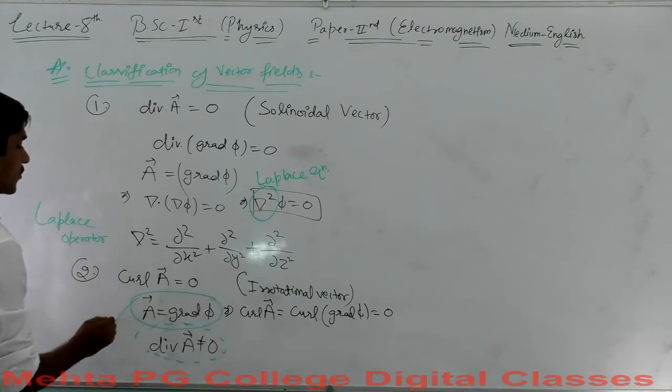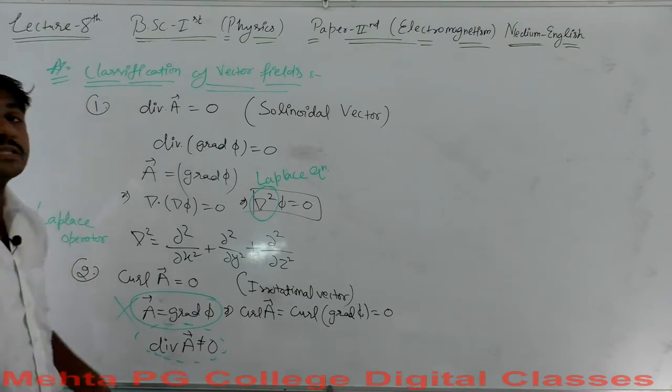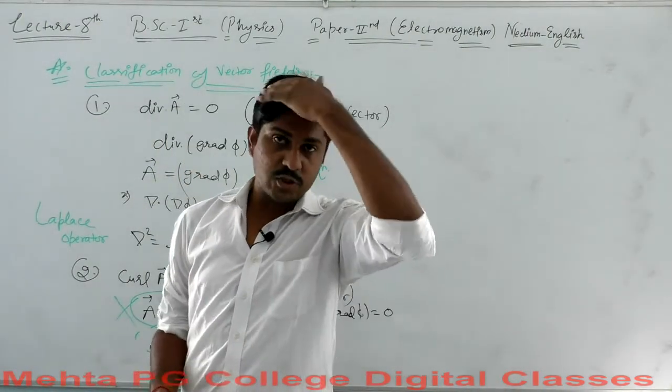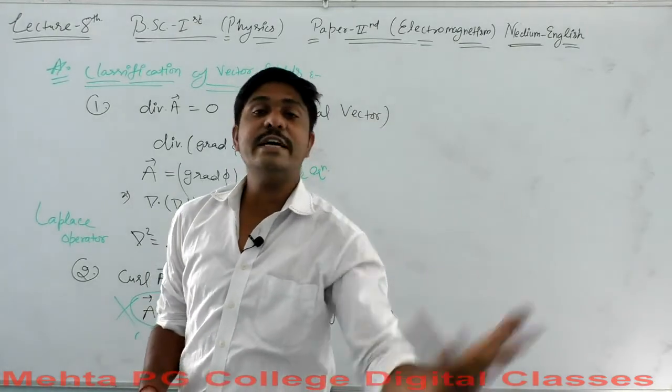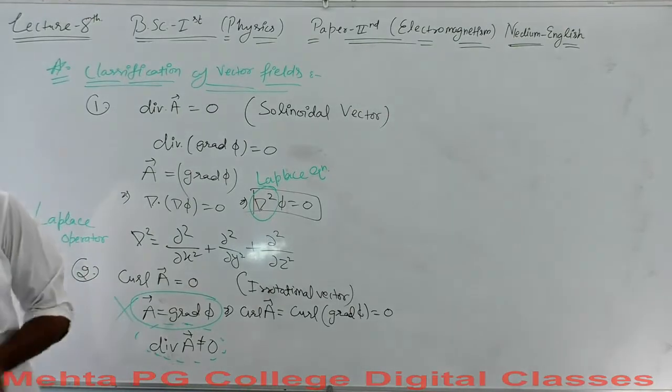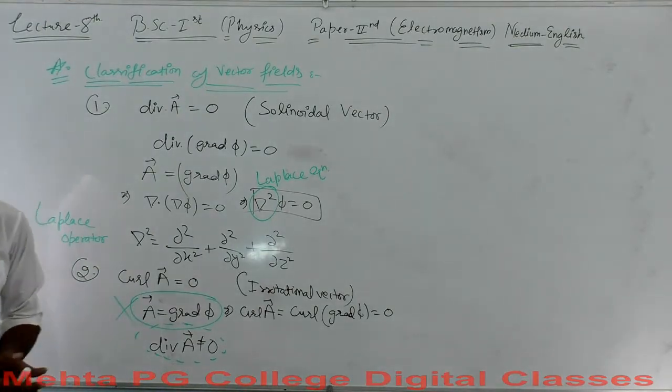Then this case is not possible, because divergence is 0 only when the vector is the gradient of a scalar field, and here it is not the gradient of a scalar field. So how will you define it?